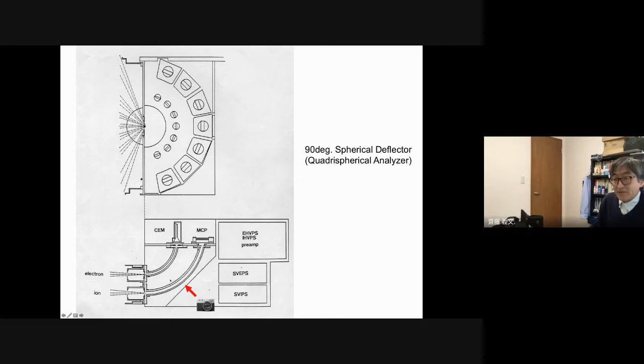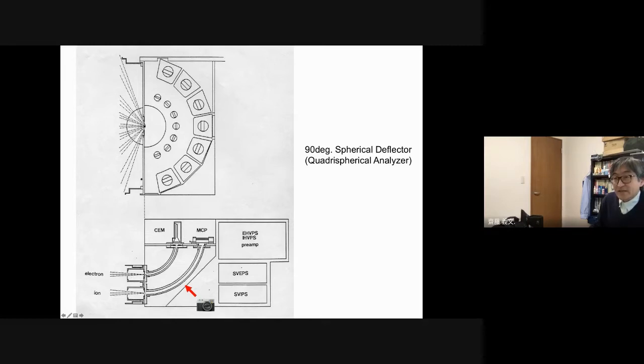In measuring ions, a positive voltage is applied to the outer sphere and a negative voltage to the inner sphere. In measuring electrons, a positive voltage is applied to the inner sphere and a negative voltage to the outer sphere. Changing the voltage applied to the inner and outer spheres, we can select the energy of ions or electrons.